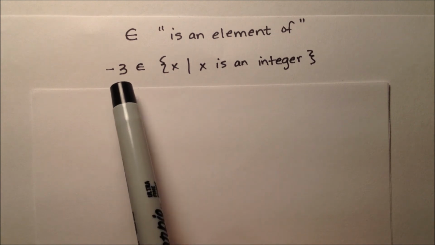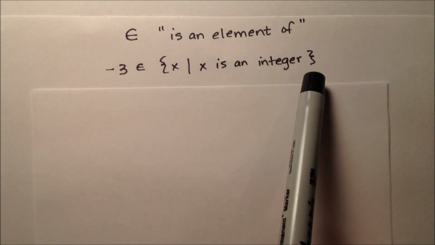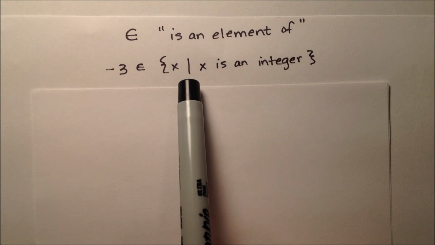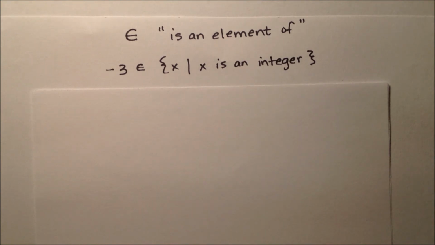So -3 is an element of the set, hence it has the braces, of all x's such that x is an integer. And recall that integers are the whole numbers and their negatives. So -4, -3, -2, -1, 0, 1, 2, 3, 4, and so on in both directions.